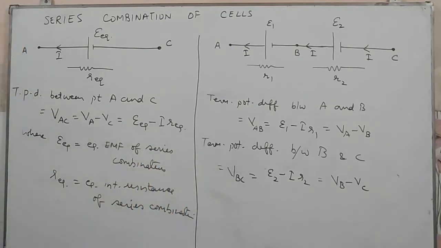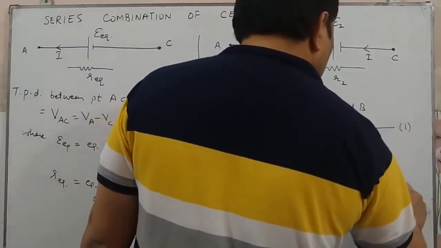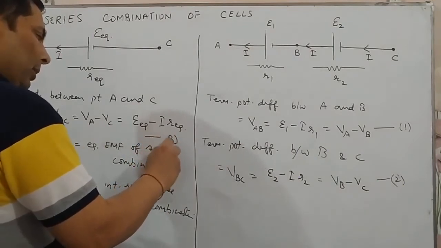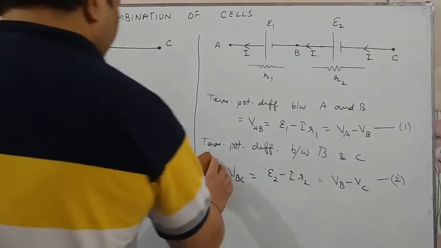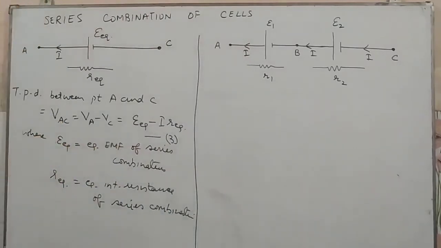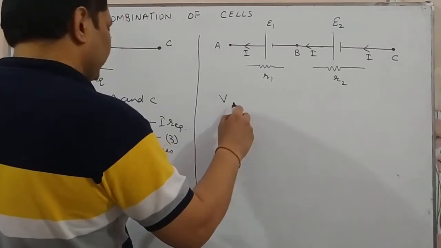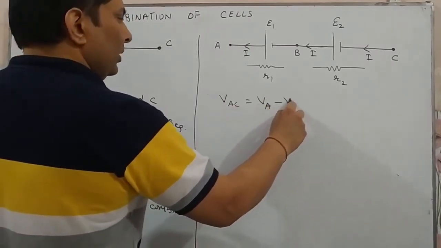Now, if we take this equation as 1, this as 2, and this as 3, let's put the values here. We have V_AC equals VA minus VC.